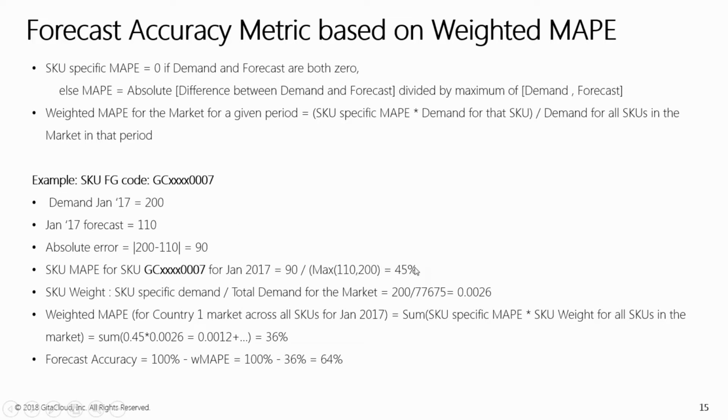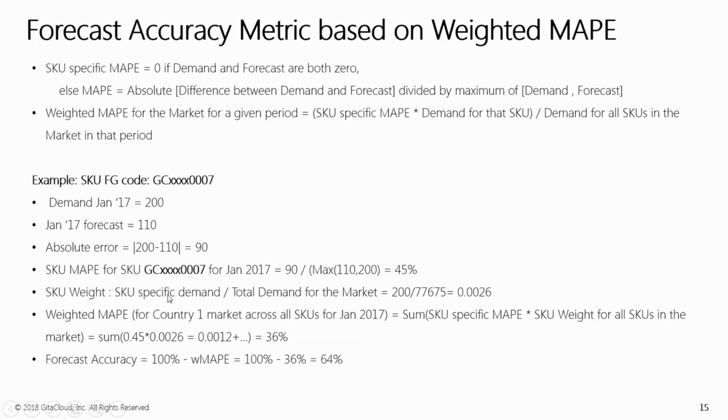So that's why it is 45%. This is the standard MAP that is used in many forecasting models that is taught in academia. But we used what we call weighted MAP, which is even better.